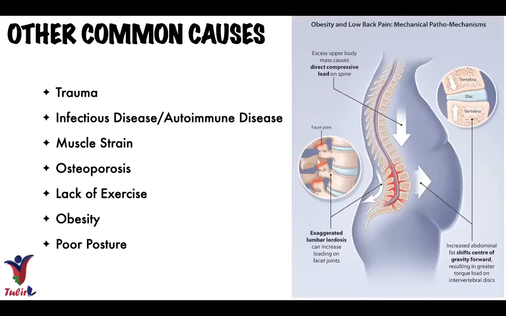Other common causes include trauma. Any trauma can lead to breakage in the disc, a herniated disc, or it can affect the vertebral column. And infectious diseases such as Pott's disease, TB, can sometimes affect the spine. We call it Pott's spine.